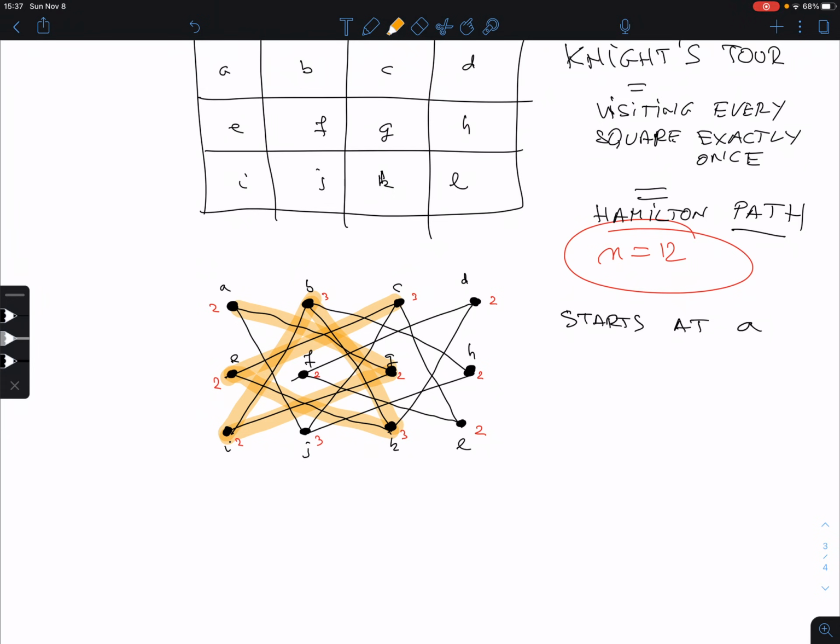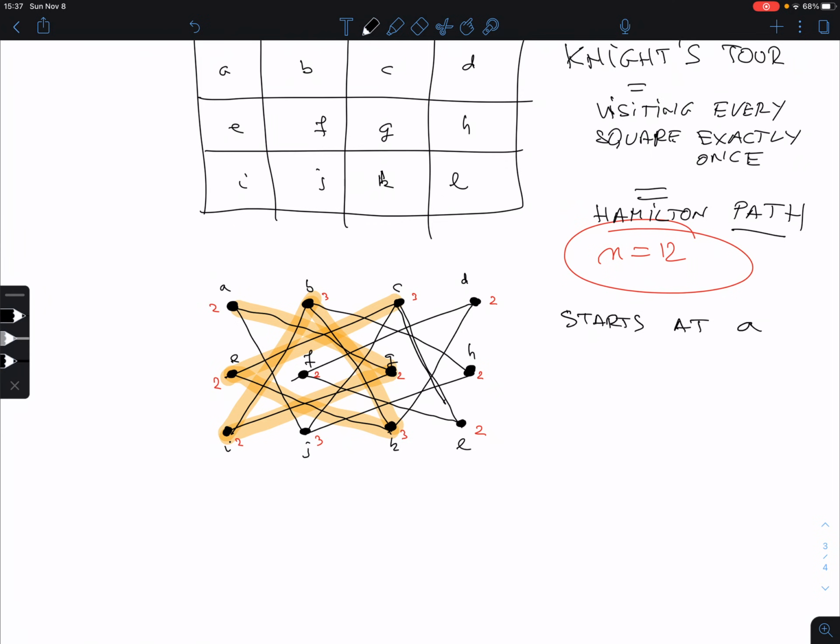If I cross over, I go from degree 2 to degree 3, but then I'm getting a little bit stuck, right? You see, if I go to J3 here, then I can only go this way, which can only go that way, and I wouldn't have visited these two. And if I go this way, the other choice in J is to go that way, but that already ends my path.